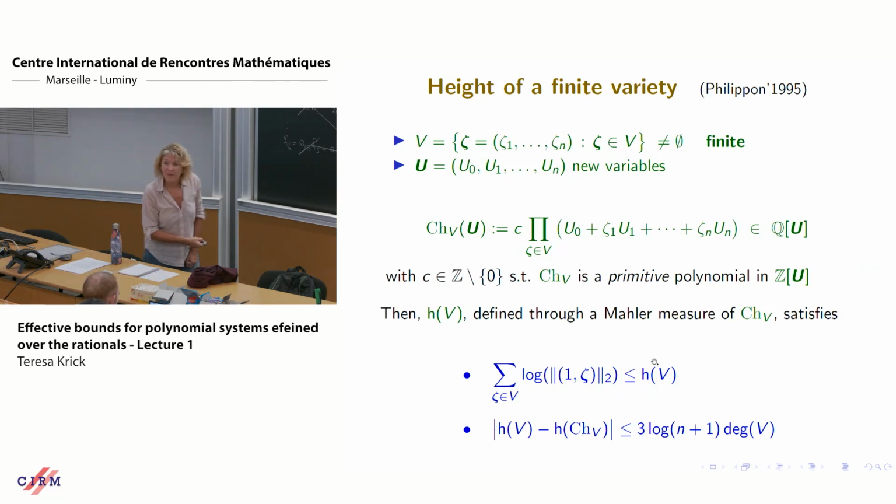The height of V is the thing I didn't define. I hide it. Because it's an integral, it's a Mahler measure of this polynomial. So it's taking some kind of integral of this polynomial in Sn. So I'm hiding it.